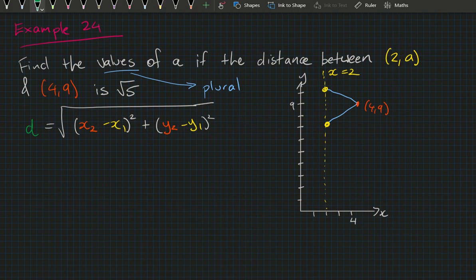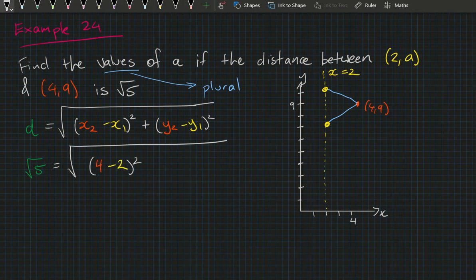So our distance is the square root of 5, and that's equal to the square root of x2 minus x1, and in this case, x2 is 4 and x1 is 2, all squared, plus y2 minus y1, and in this case, y2 is 9, y1 is a. Hopefully my 9 and a don't look too similar. And of course, that's all squared. Oops, and I forgot the plus sign.